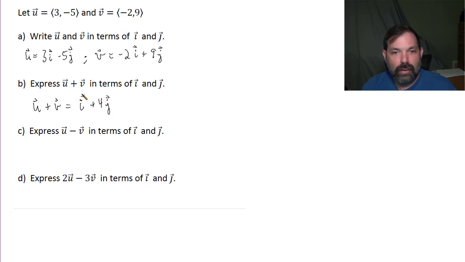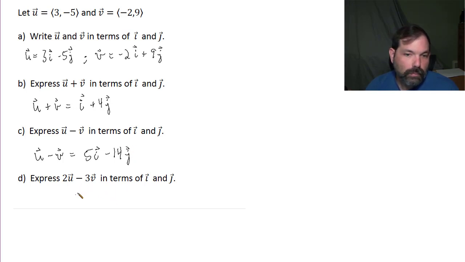Now we do have to write the vector notation. Similarly, u vector minus v vector, we subtract the components. 3 subtract negative 2, right? So u minus v would be equal to 3 minus negative 2, that's 5i, negative 5 minus 9, that's minus 14j.